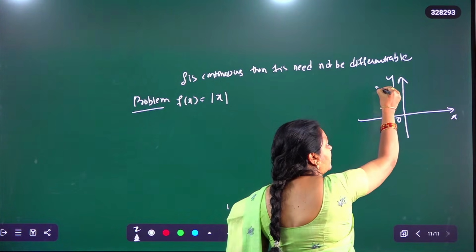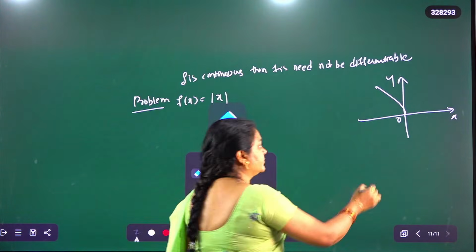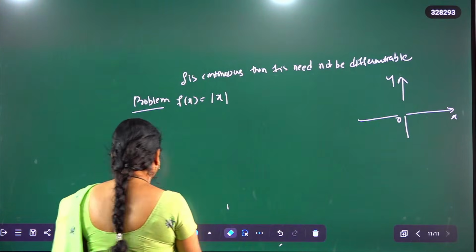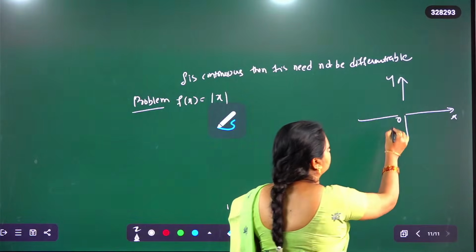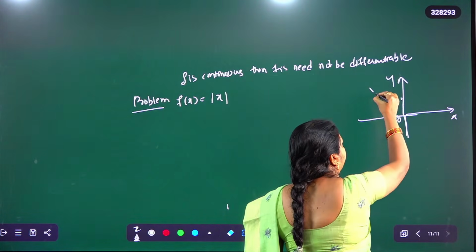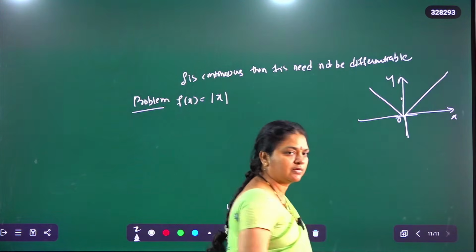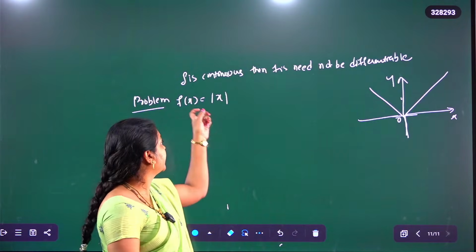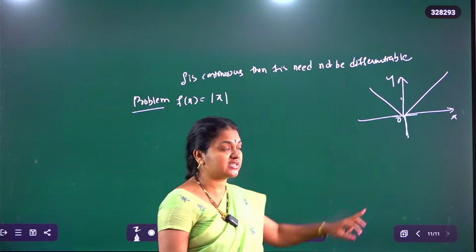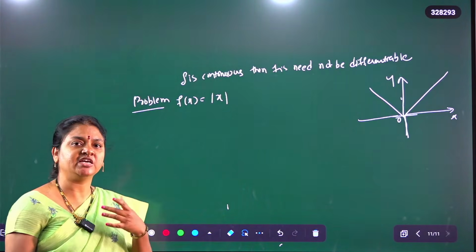And f of x is equal to mod x. So this is the graph of f of x is equal to mod x, because this is our function. This is the graph. What we said? F is continuous, but it need not be differentiable.